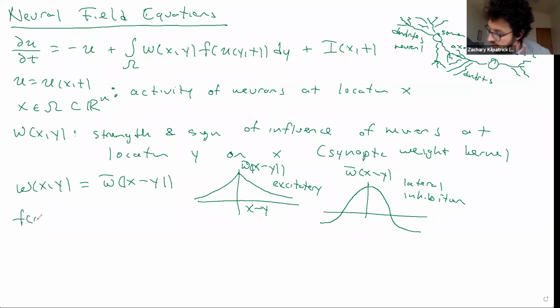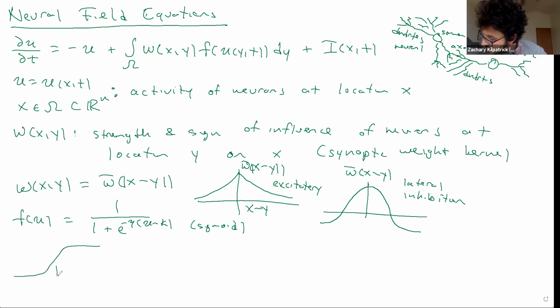And then lastly, f of u is going to be 1 over 1 plus e to the minus eta u minus kappa in our models, okay? This is what's called a sigmoid type function, right? Sort of looks like this.